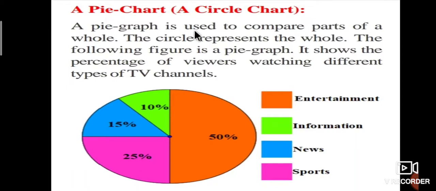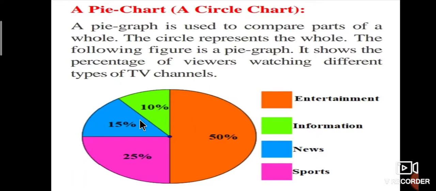A pie graph is used to compare parts of a whole. The circle represents the whole. The following figure is a pie graph. It shows the percentage of viewers watching different types of TV channels.